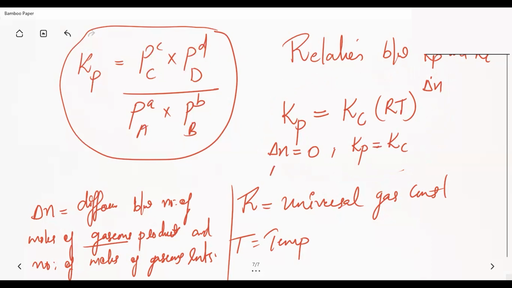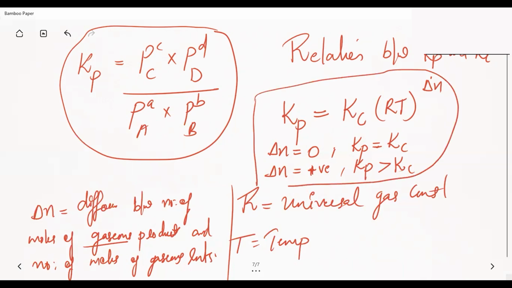If delta n is a positive value, then Kp will be greater than Kc. Just put the positive value in this equation and you will understand. If delta n is negative, just reverse. If delta n is 0, Kp and Kc are equal.